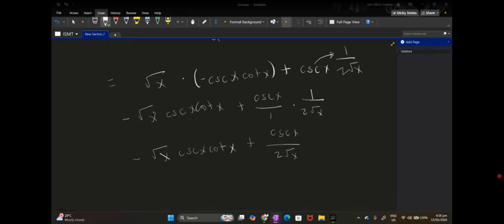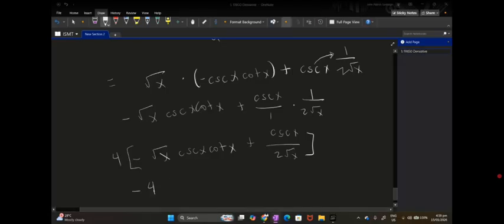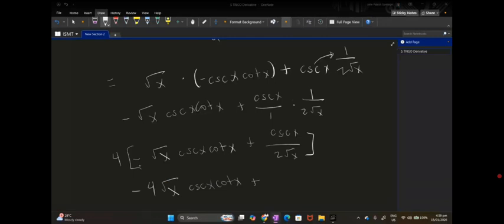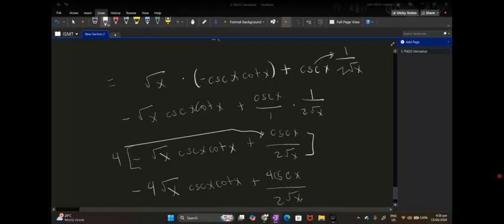Pero, di ba meron pa tayong 4 dito sa labas? Pwede natin siyang ipasok dito. So, it's gonna be negative 4 square root of x, cosecant of x, cotangent of x, plus 4 cosecant of x over 2 square root of x.